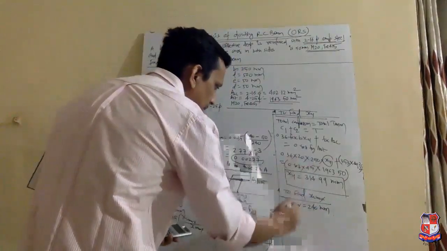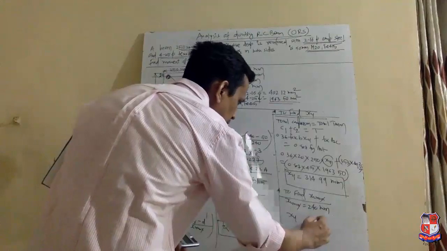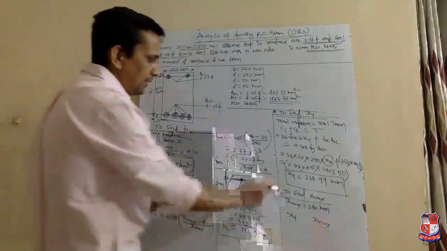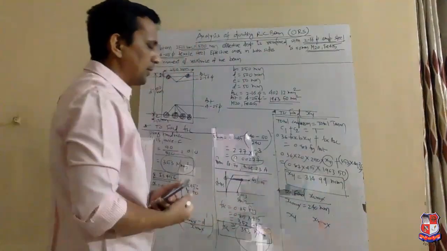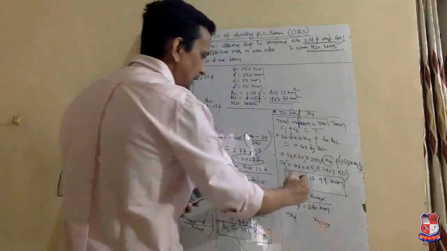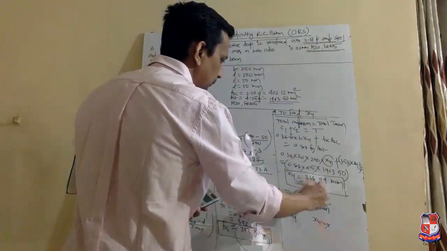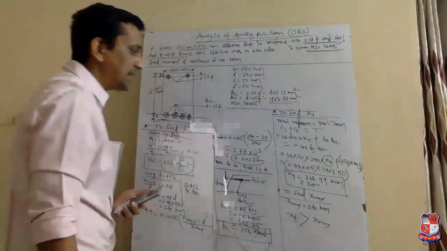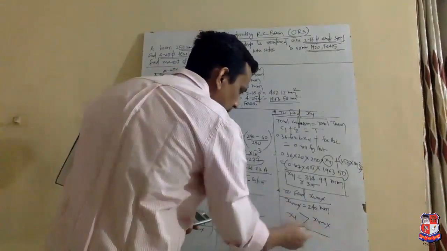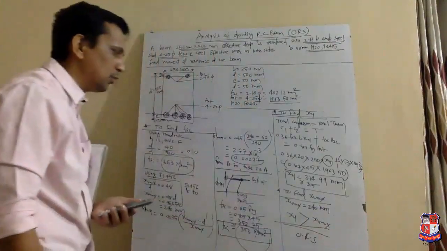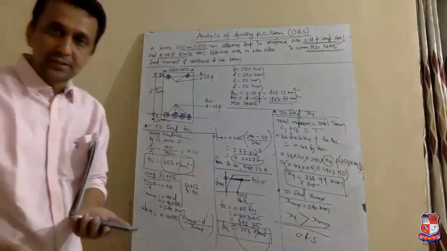Now compare the value of xu and xu max. Here we can see that xu is 314.99, almost 315, and xu max is 240. So here xu is greater than xu max. It means our section is ORS, over reinforced section.